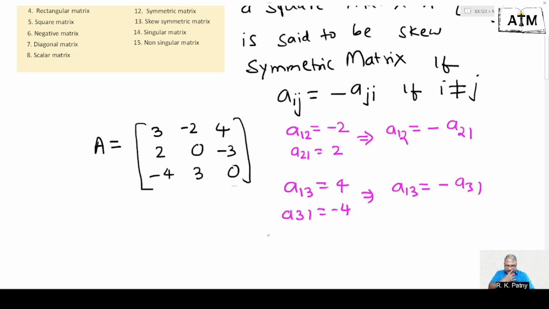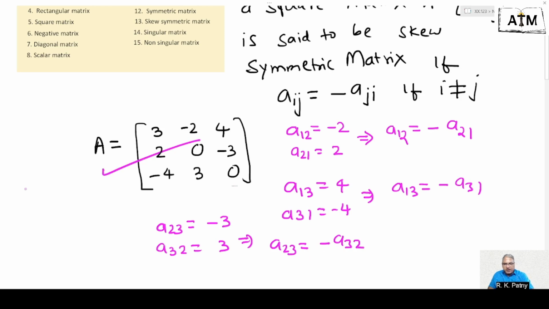And the third one left is A23 equals minus 3 and A32 equals 3. Here even the condition of A23 equals minus of A32 is satisfied. Therefore, the given matrix is a skew symmetric matrix.